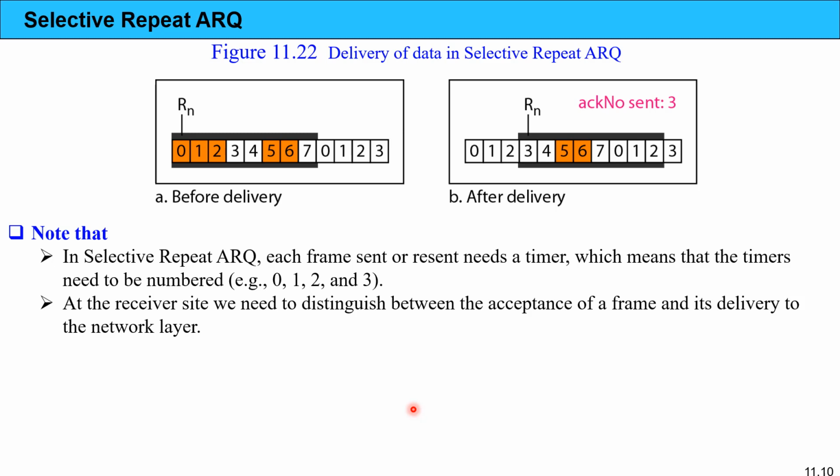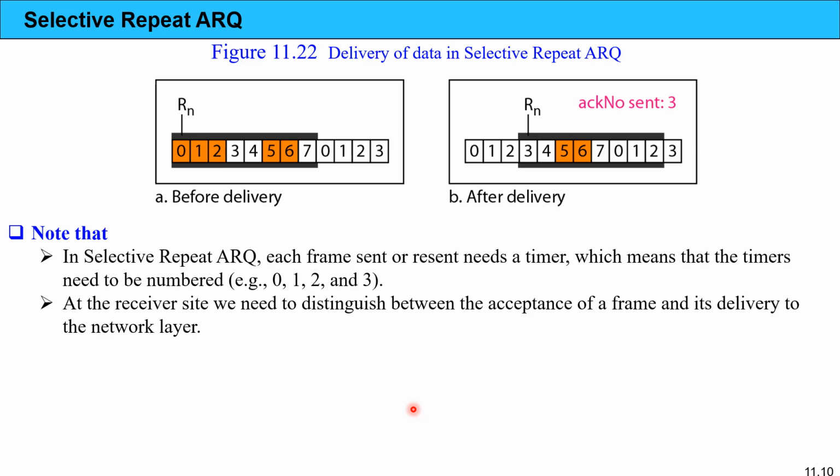So what's important here is to differentiate between accepting the frame and delivering the frame. I can accept the frame. For example, 5 and 6, I accepted them, but I don't deliver them to the network layer. I will deliver them in order, 0, 1, 2. But I will not discard 5 and 6 because they are inside my window, so I will accept them.